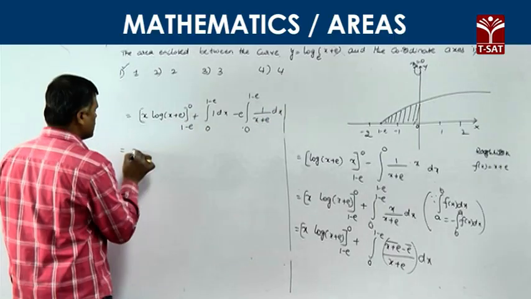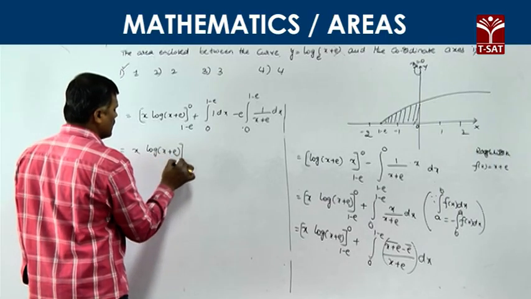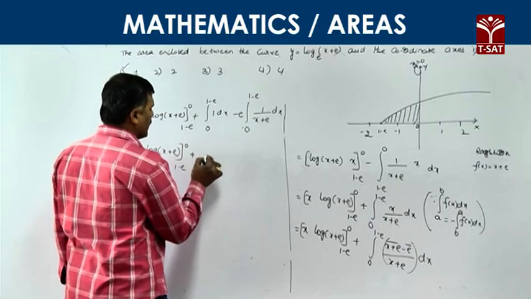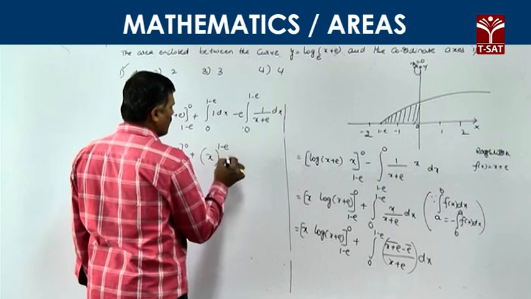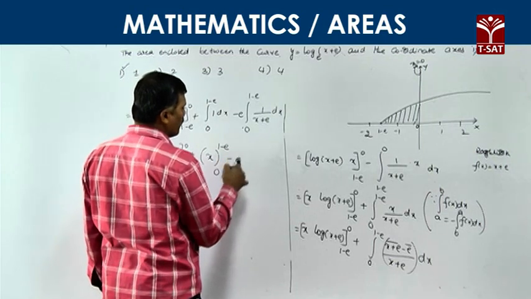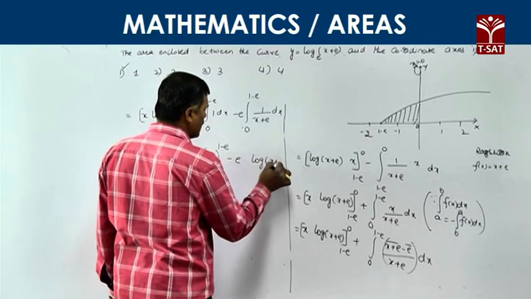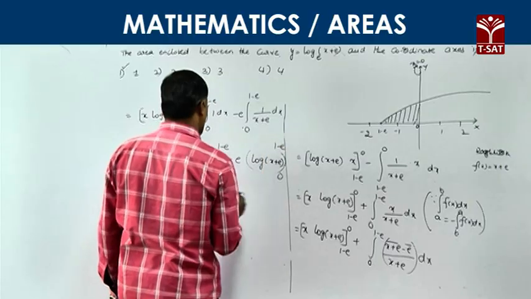Now x into log of x plus e, 1 minus e to 0, plus integral 1 dx is x, limits 0 to 1 minus e, minus e into integral of 1 by x plus e dx, log of x plus e, limits 0 to 1 minus e.